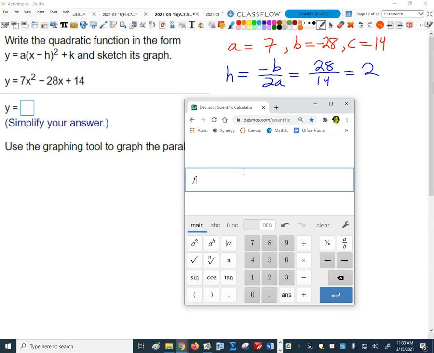So instead of y, we're going to call it f of x equals, and there it is, 7x squared minus 28x plus 14. Okay, and then we just have to go down and evaluate the function, in this case at 2, right? F of 2, and it gives us negative 14.